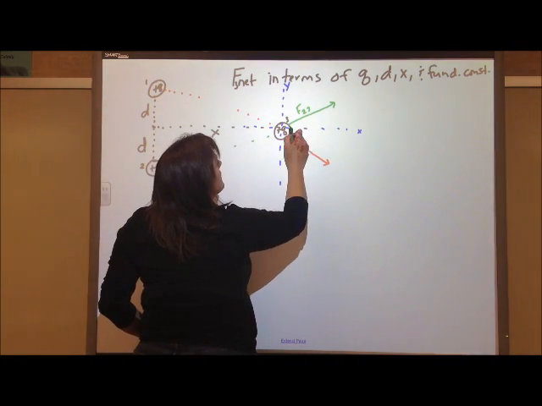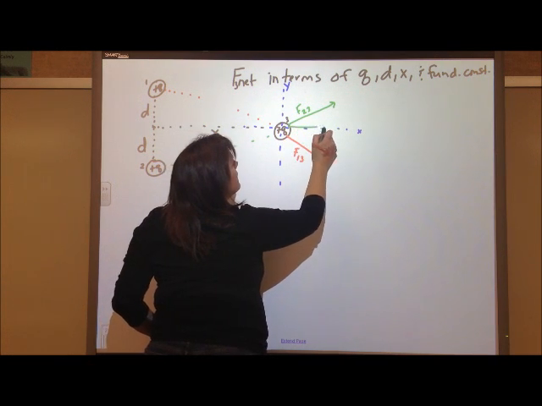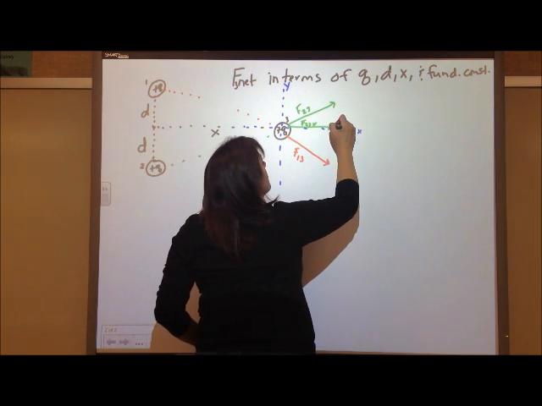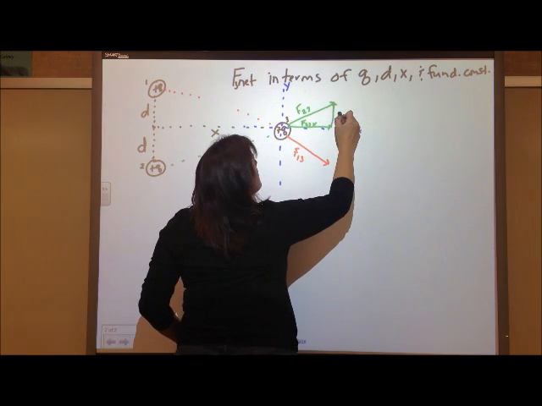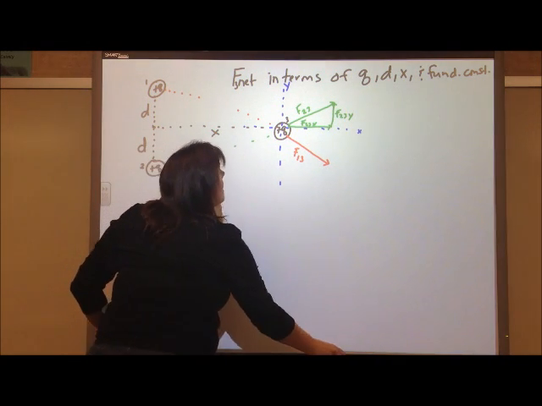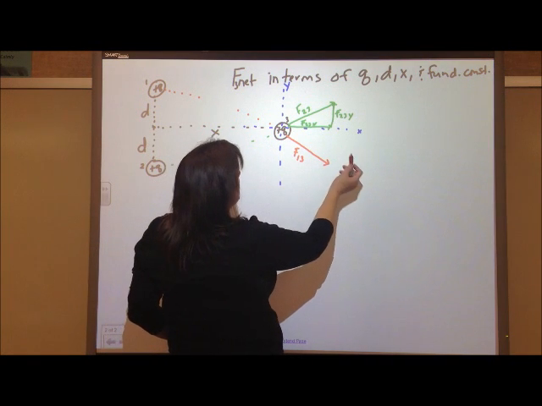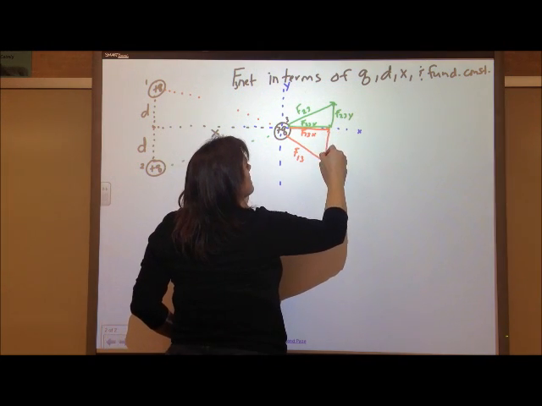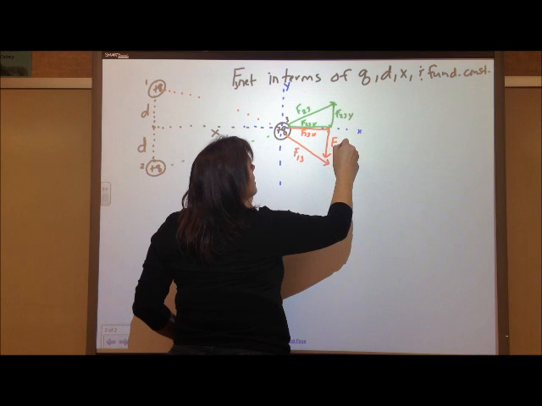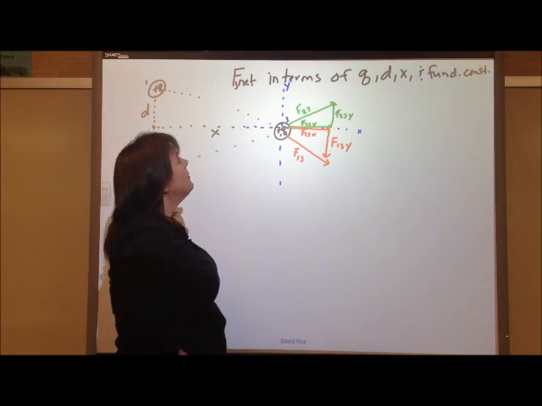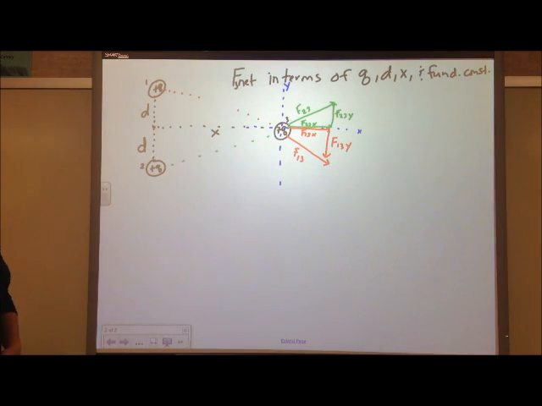So force 2,3 has an x component, force 2,3x. And of course it has a y component, which is vertical, force 2,3y. And force 1,3 here also has a positive x component, force 1,3x, and a vertical component, force 1,3y.